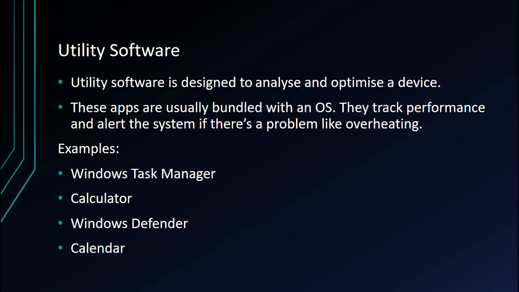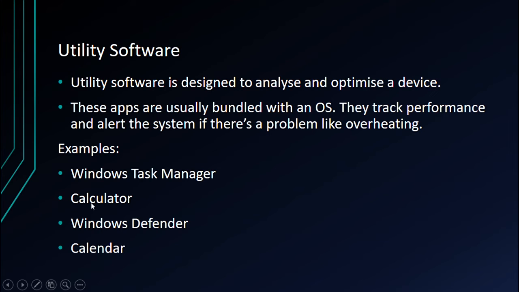Okay, so they can detect overheating, they can detect full storage, they can detect temperature, and other performing utilities. Also, they can terminate applications nga not working properly nga mga applications by using Windows Task Manager. Okay, so Windows Task Manager is a utility software.